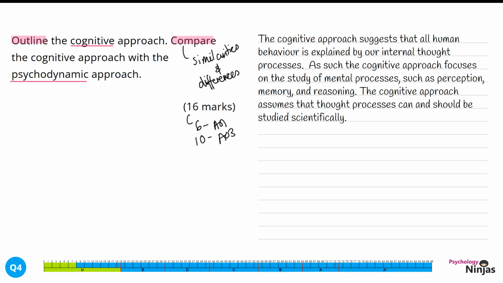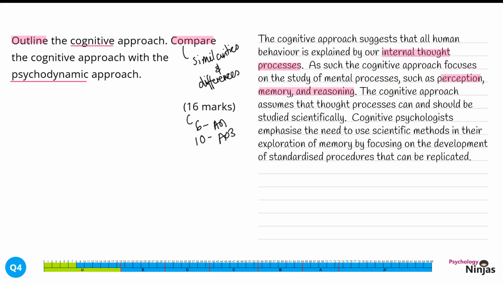The cognitive approach assumes that thought processes can and should be studied scientifically. We've given detailed knowledge here about the basic premise of the cognitive approach and that behaviour is explained by internal thought processes. We've gone on to list some of these in order to show our knowledge and already begun to identify some possible evaluation. So let's move into that evaluation.